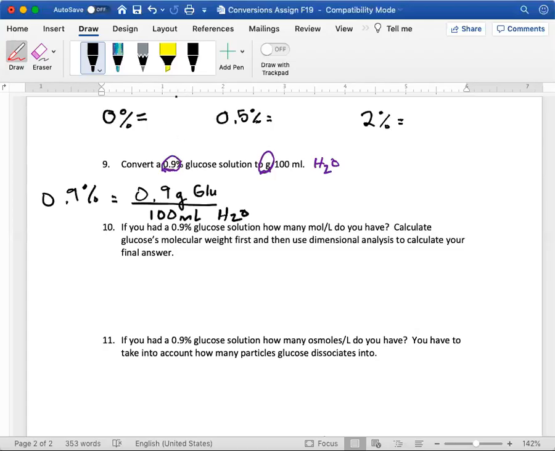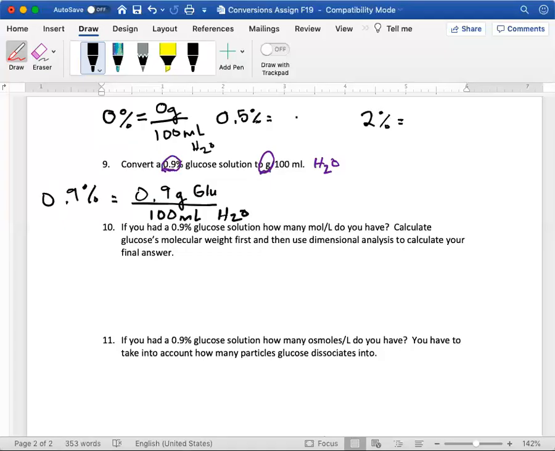Okay, so for a 0% solution, how many grams do you have of particles? If I said go make up a 0% glucose solution, you would weigh out 0 grams of glucose, so no glucose, right? And you would add that to 100 mils of water. So really, what is a 0% solution? Good, it's just water. Whether it's a 0% NaCl solution or 0% glucose solution, it's just water.